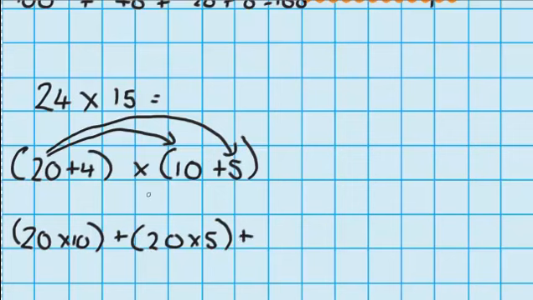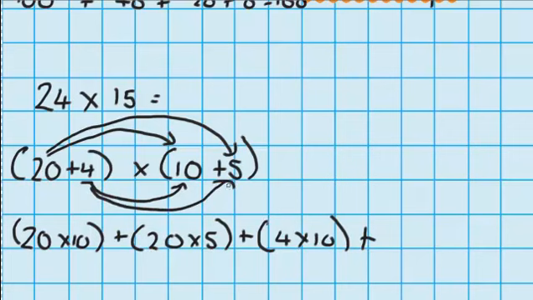Now I'm going to move on to the 4. So I need to do 4 times 10. And there's just one more number I need to multiply it by, and that's the 5. 4 times 5. So let's just double check. 20's been multiplied by both of these numbers, and 4's been multiplied by both of these numbers over here.